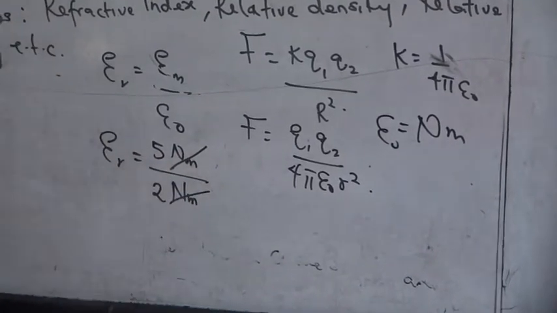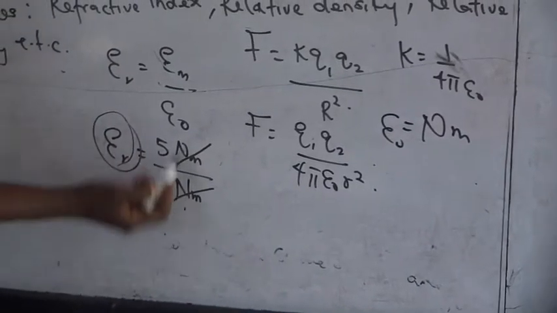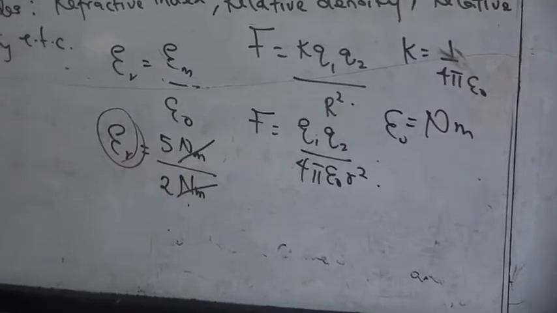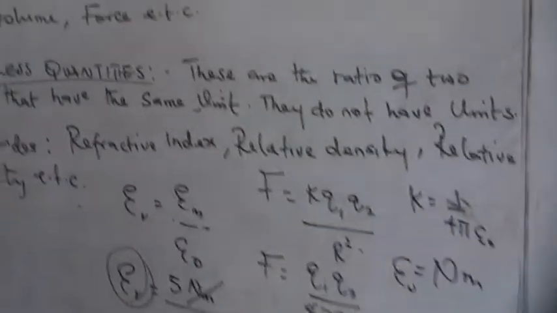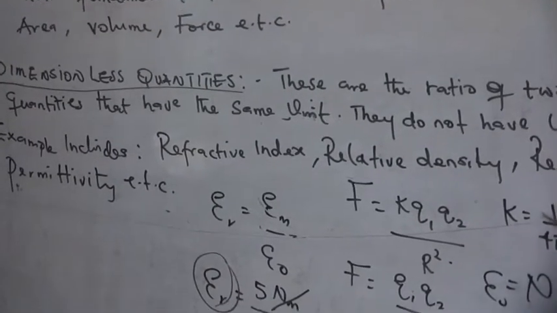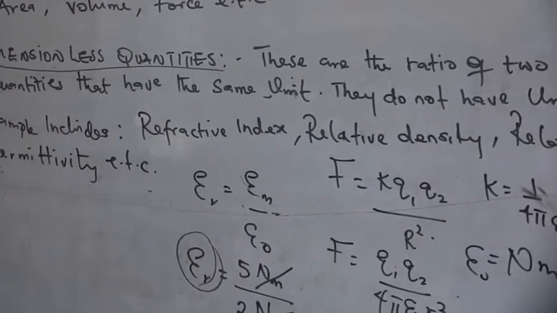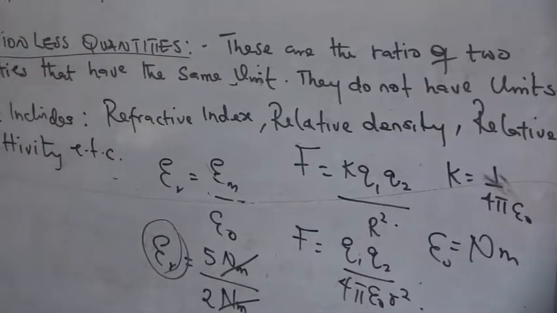Therefore, if we cancel out, you notice that this relative permittivity has no unit. That is why it says these are the ratio of two quantities that have the same unit. They do not have units.